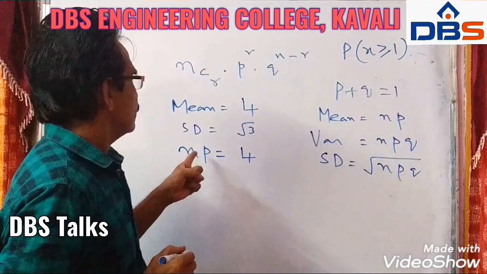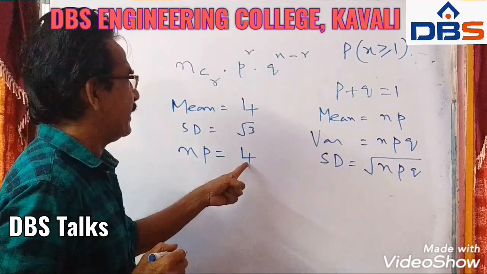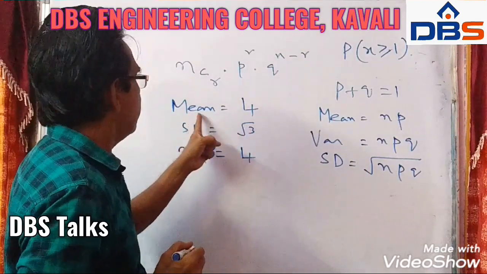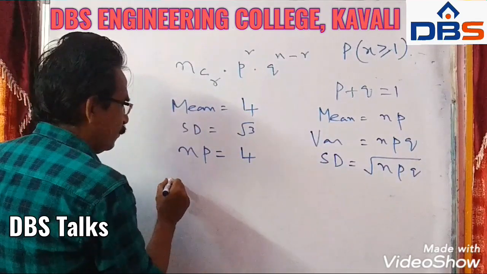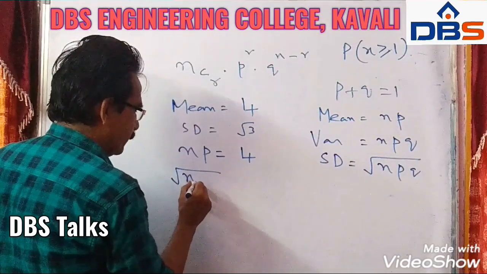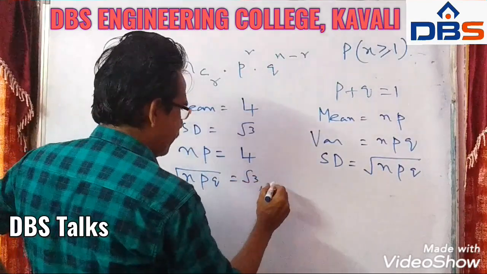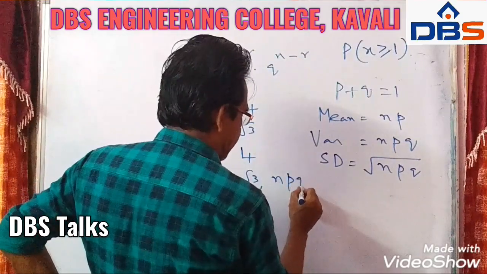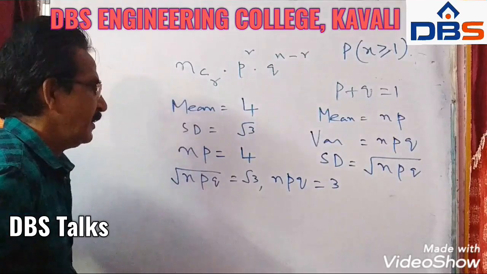Okay friends, NP is 4, SD is root 3. The SD formula we know, root of NPQ. Root of NPQ is root 3, so squaring on both sides, NPQ is 3.